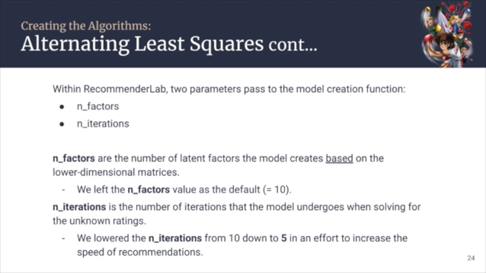For SpeedyRex, we left n factors as the default, which is equal to 10. N iterations is the number of iterations that the model undergoes when solving for the unknown ratings. Once again, for SpeedyRex, we lowered n iterations from 10 down to 5 in an effort to increase the speed of recommendations.